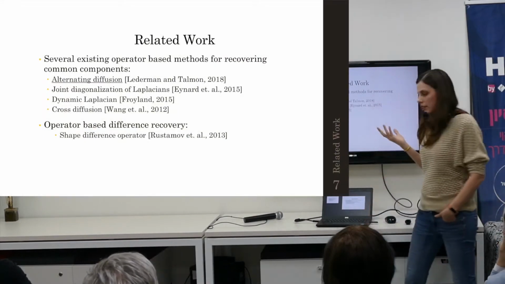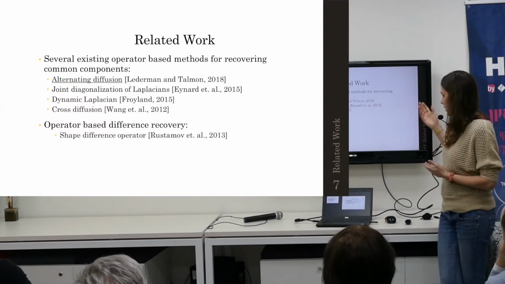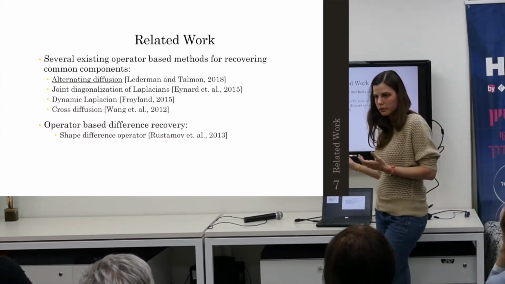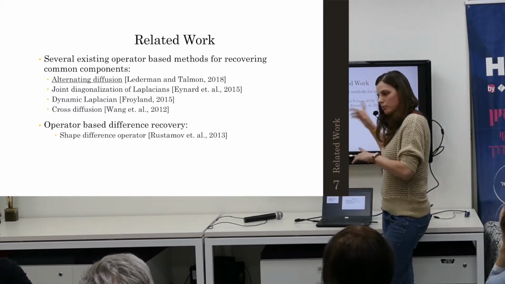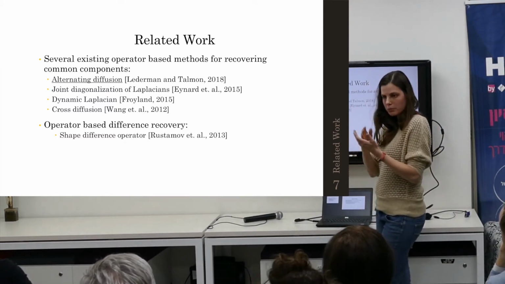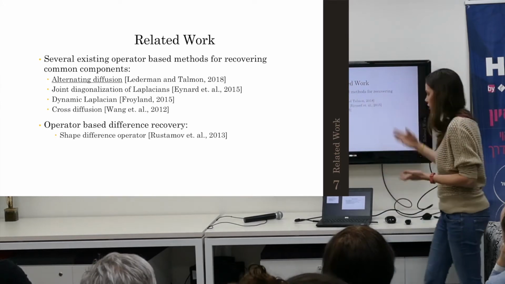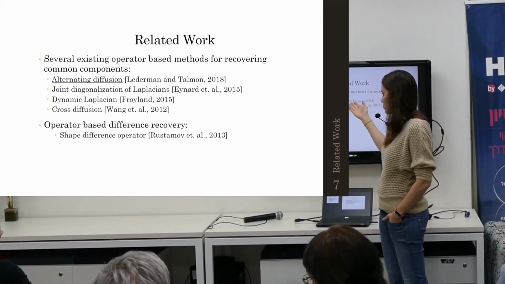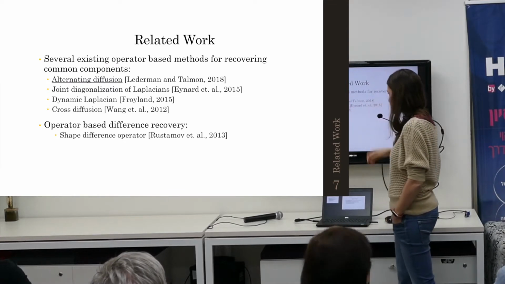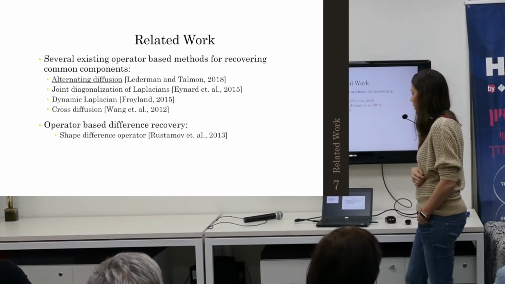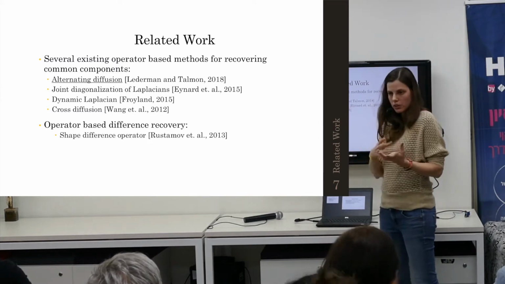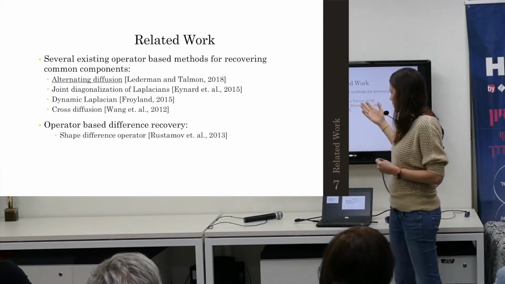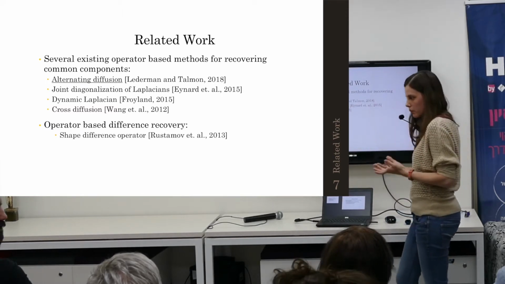Okay. There are several related works that address this problem from a manifold learning approach or an operator-based approach. I didn't mention it, but when I say operator, I mean the matrix P or the kernel P. The most relevant one is alternating diffusion, which I'll shortly discuss, by Lederman and Talmon. There are several others that compose operators from different manifolds, but all of them address extracting the common.